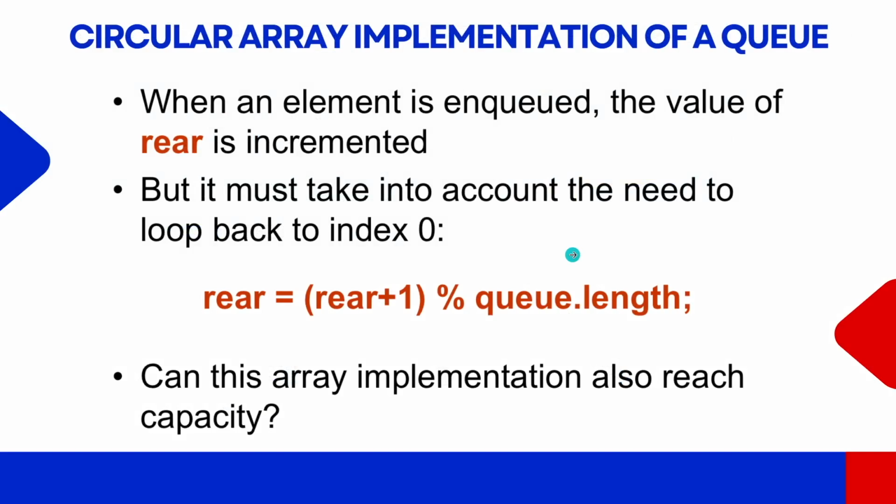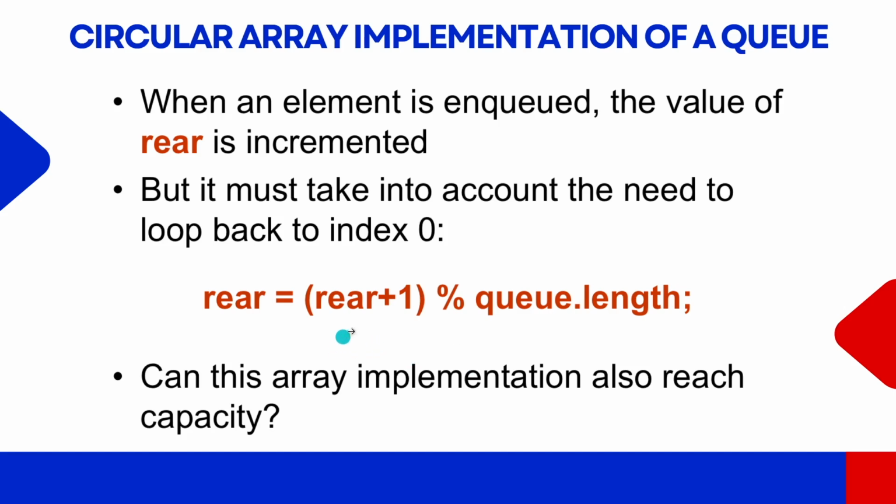Here there is one slight change we make in the insertion and deletion operations on a queue. With the array implementation of a queue, we checked whether rear had not exceeded the maximum limit.